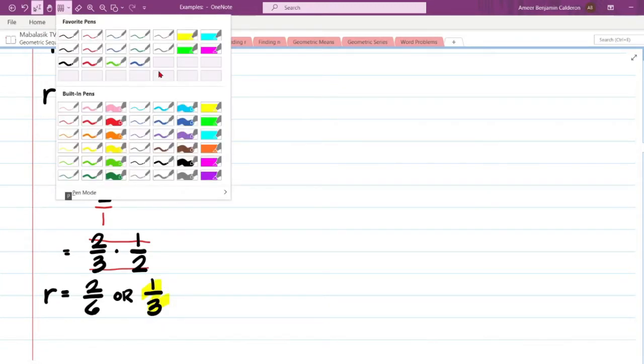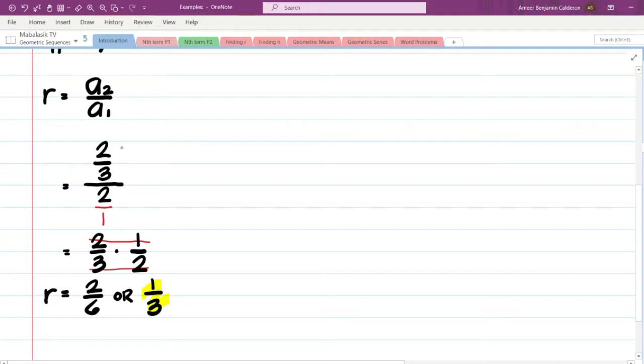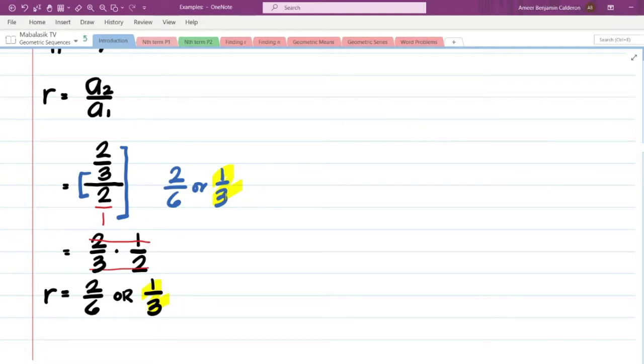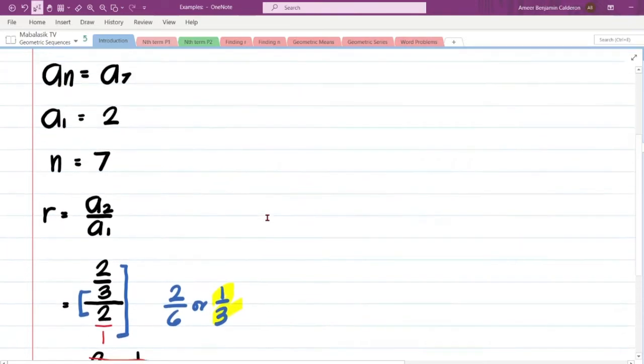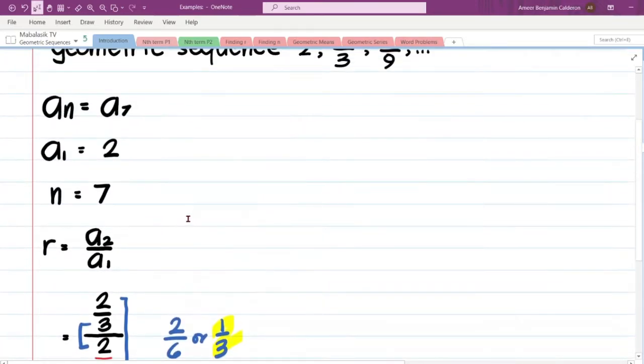Another option that we can do is to simply multiply the outer terms. So we will have 2, and then the inner terms will have 6, or 1/3. This method is also correct. It will still give us 1/3 as our common ratio. So now that we have our common ratio, we have our n, a sub 1, and a sub n.